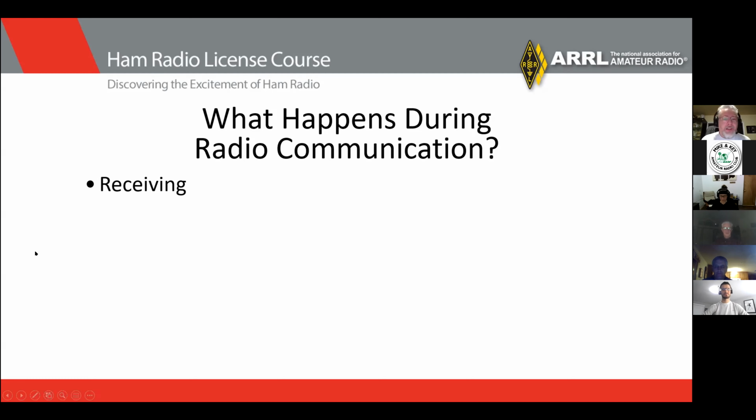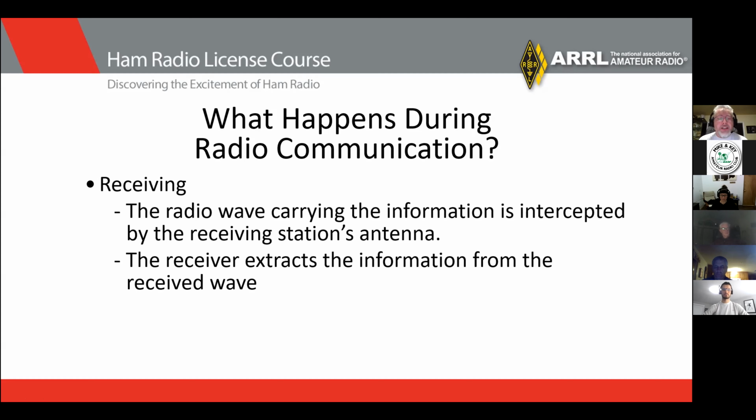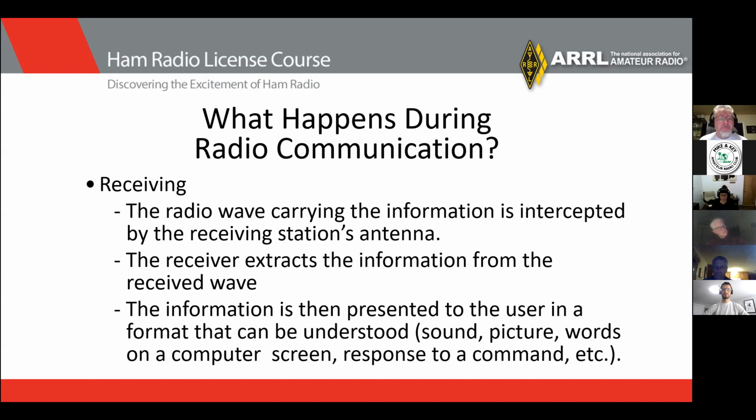Okay. So now on the receiving side, the radio wave carrying the information is intercepted by the receiving station's antenna. The receiver then extracts the information from the received wave, and the information is then presented to a user in a format that can be understood: sound, picture, words on a computer screen, or the response to a command.